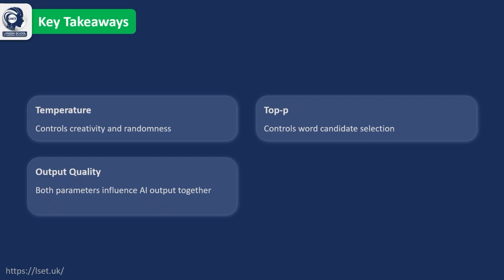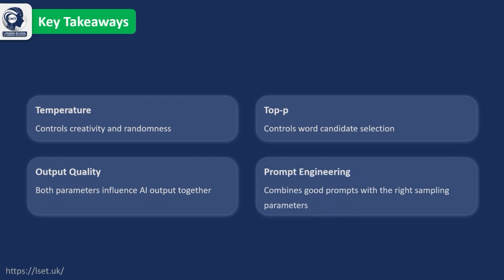Most importantly, effective prompt engineering is not just about writing clear prompts. It also involves selecting the right sampling parameters to produce responses that match your specific task and objectives. By understanding and applying these concepts, you can generate AI outputs that are more accurate, reliable, and fit for purpose.